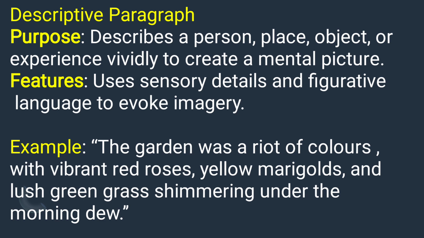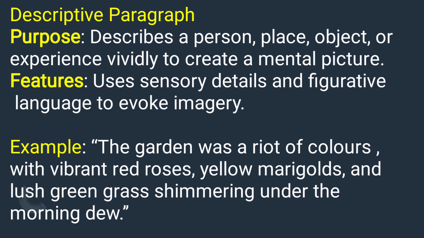Now, descriptive paragraph. It describes a person, place, object, or experience vividly to create a mental picture. It means when you read this kind of paragraph, a picture begins to form in your mind. What are the features? Sensory details. Means your mind starts imagining those colorful pictures in the sentences which you are talking about.